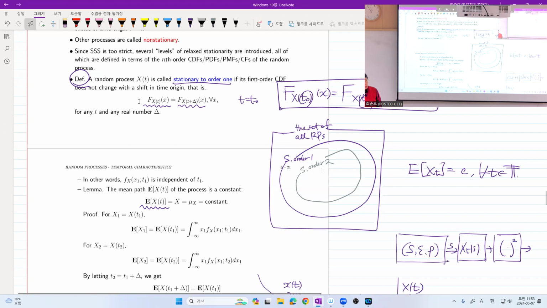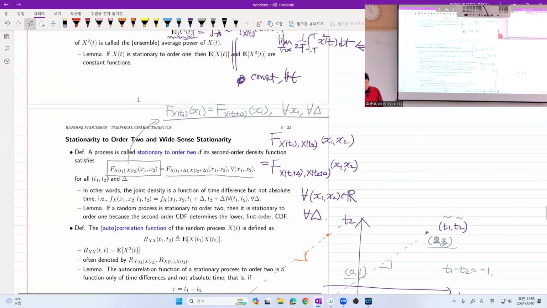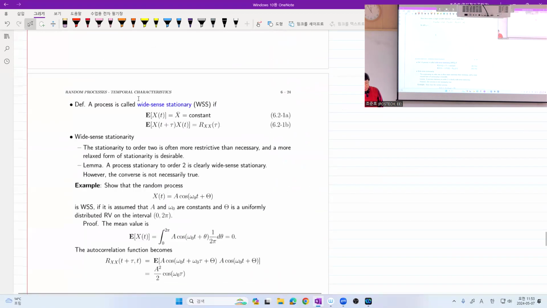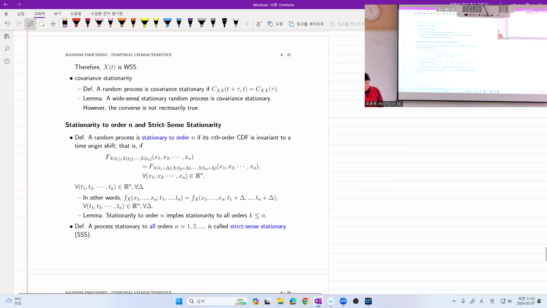Then that joint CDF does not change under any time translation, any choice of time origin. And that can be formally written as something like this.